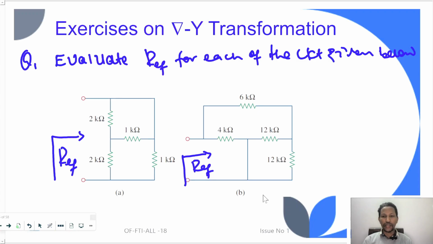So these are some of the exercises on delta Y transformation. We are asked to evaluate the equivalent resistance for each of the circuits given below. You can observe the network.